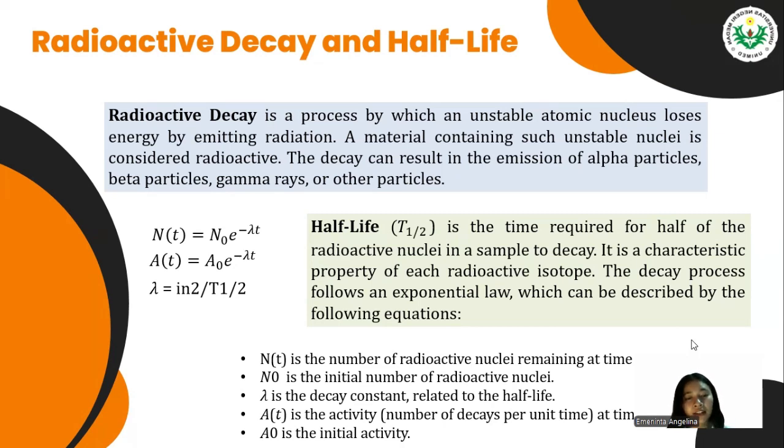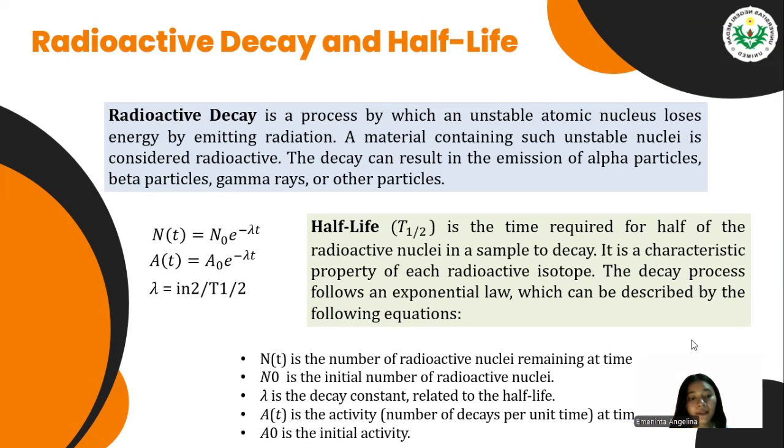A material containing such unstable nuclei is considered radioactive. The decay can result in the emission of alpha particles, beta particles, gamma rays, or other particles. Half-life is the time required for half of the radioactive nuclei in a sample to decay. It is a characteristic property of each radioactive isotope.